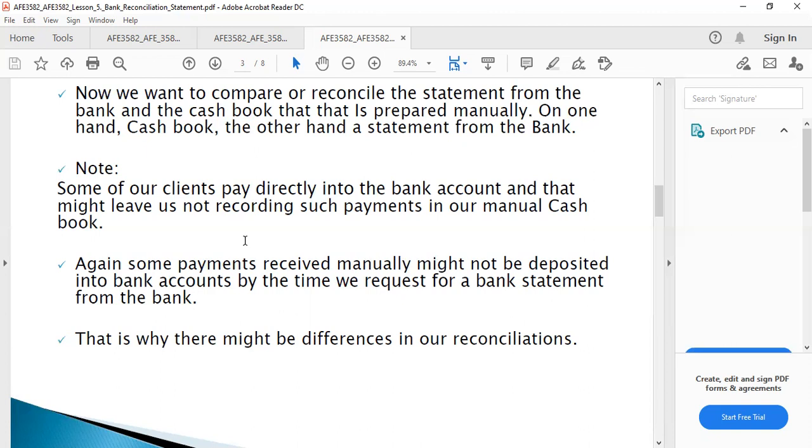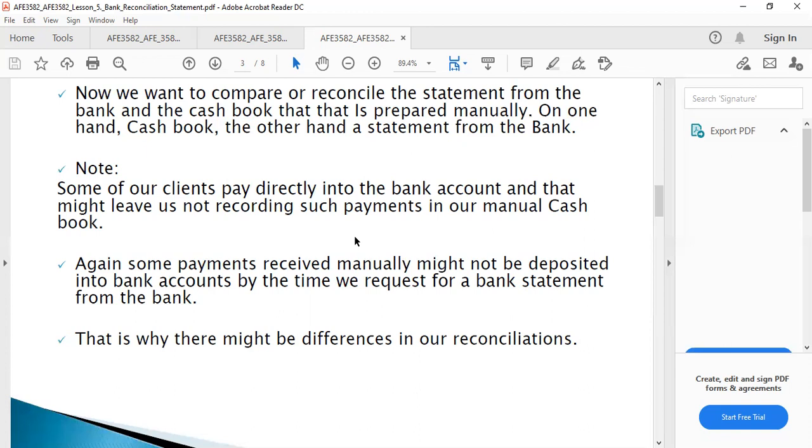And therefore, it will not appear in the bank statement because the bank is not aware whether you received a check. Do you understand?